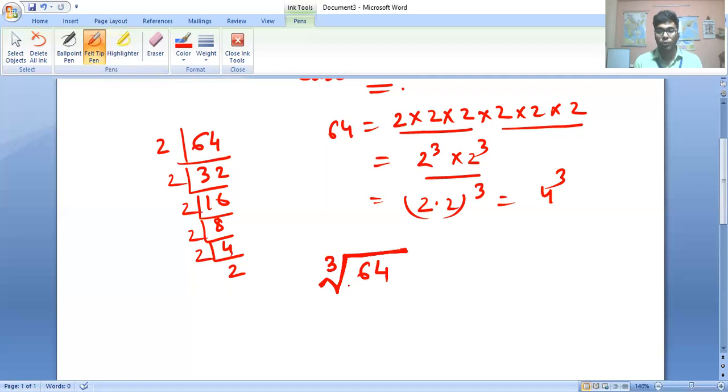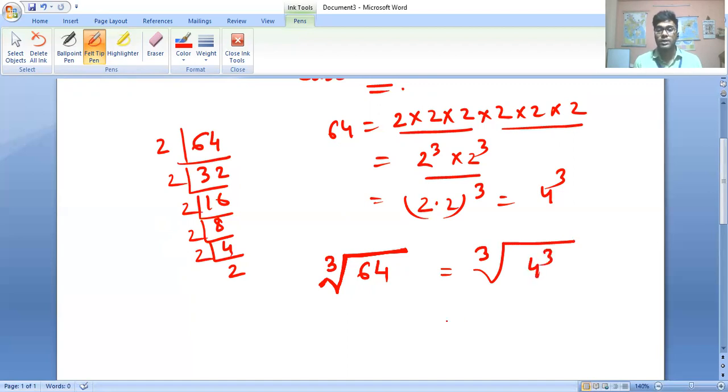That means it's a cube root. So if it is a cube root, whatever is there within this cube root, you have to represent it in terms of some number whole cube. So 64 is represented as 4 cube.